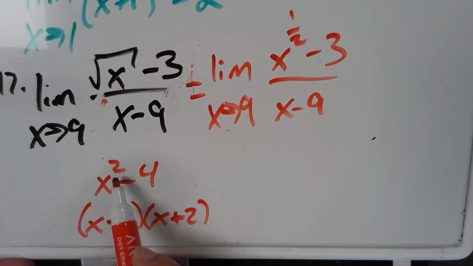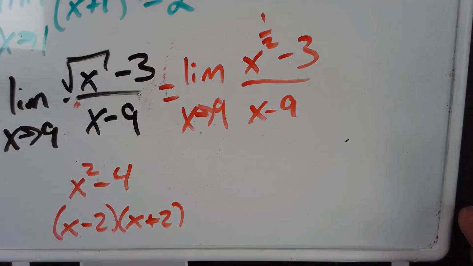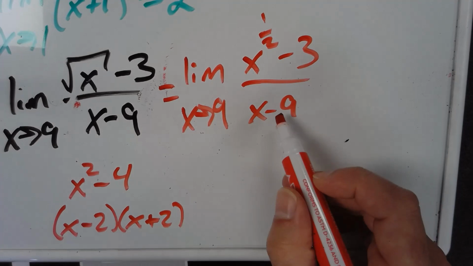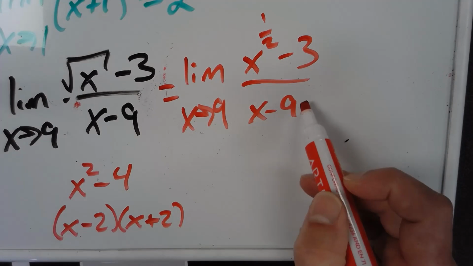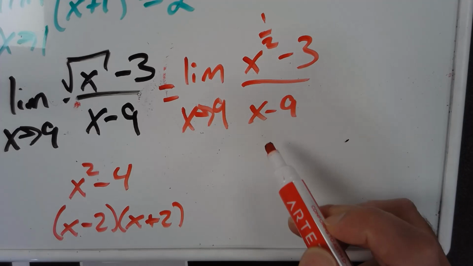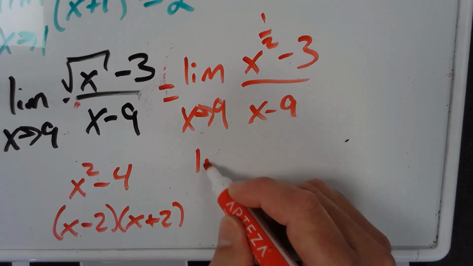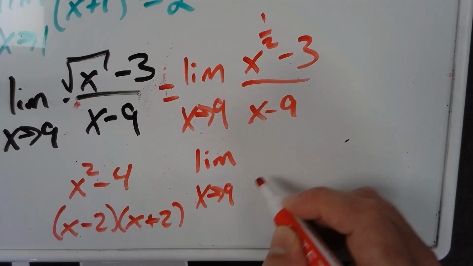They go to half, right? So you should be factoring this one. All right, so that's a dirty trick, right?